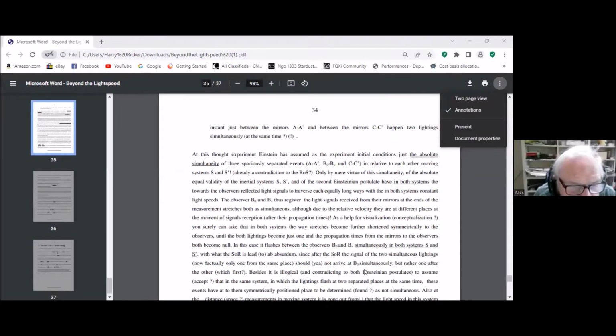Okay, we got page 34, between the mirrors A and A prime. Well, we're kind of screwed up here. How do I stop share? That's what I want to do. Okay, so you just got me here in a bunch of pictures. You can select which window you're sharing. All right, I really don't have a presentation. I just wanted to refer to this equation.